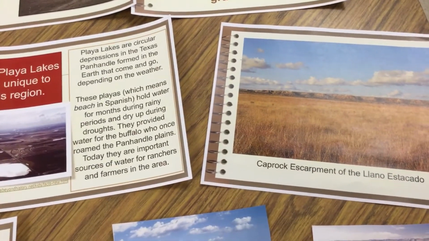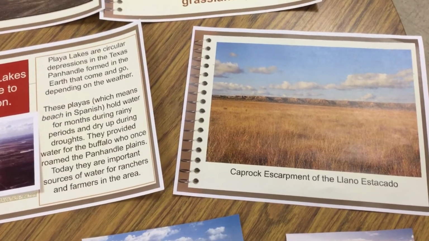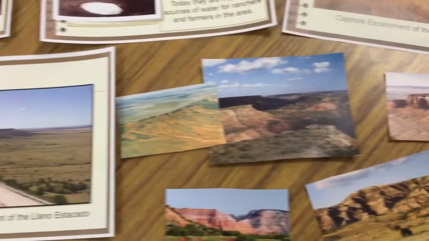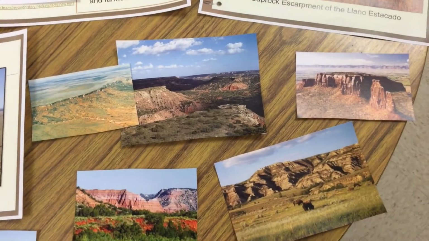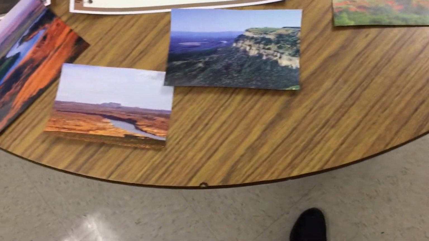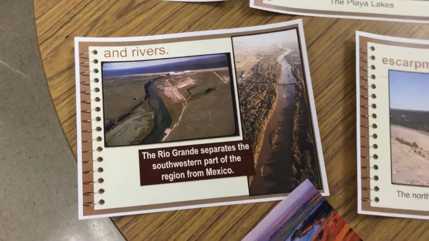You may also see an escarpment, which is kind of like a flat plateau mountain. There's another one. Here's a little bit more of those types of landforms that are actually in that area of Texas. We also will look at some rivers. This one right here, the Rio Grande River, we're going to talk about that.